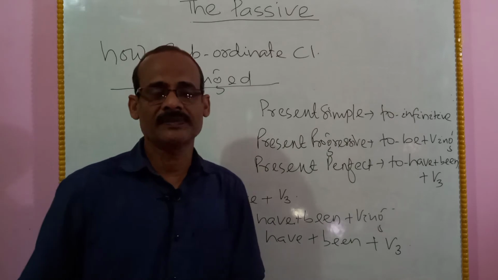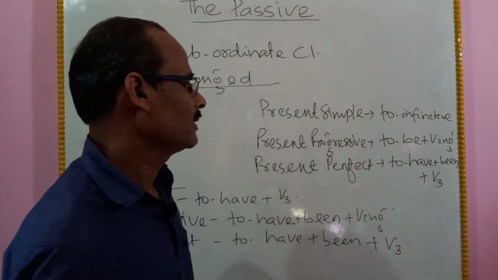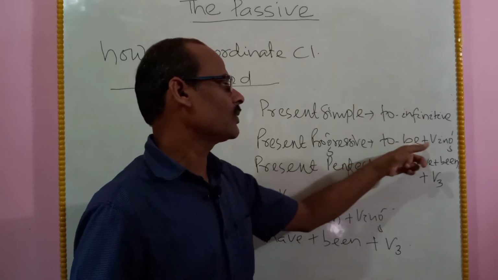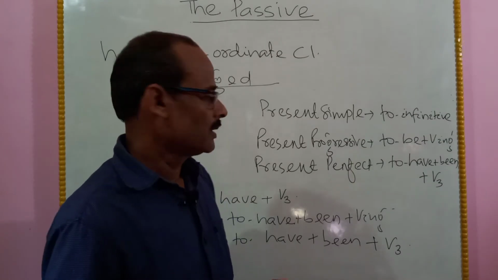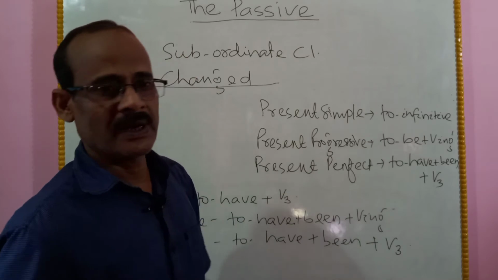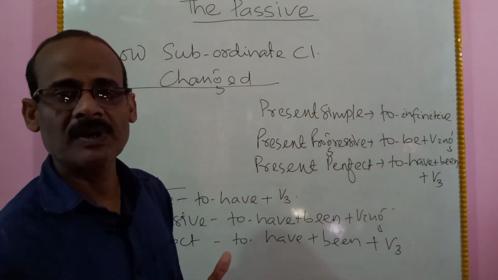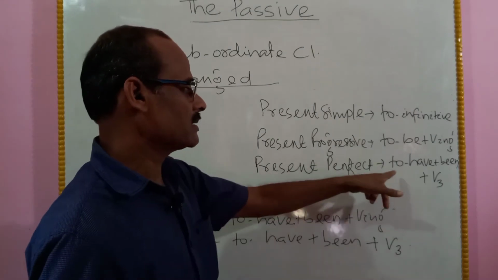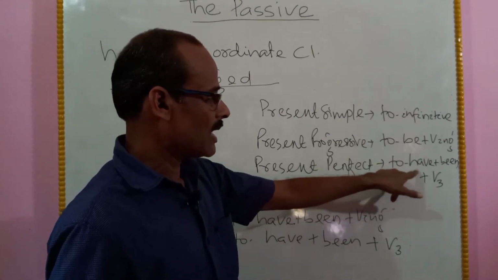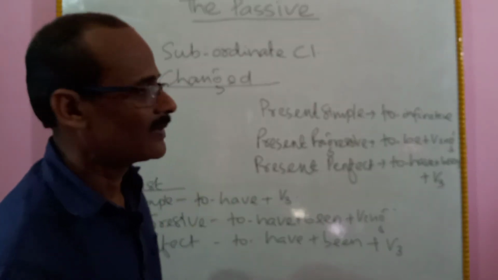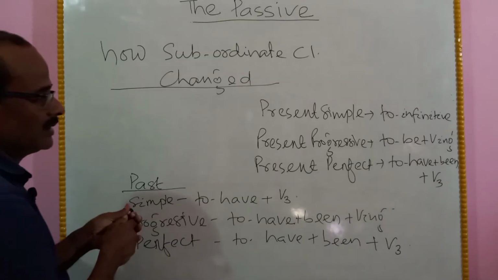Present progressive: is playing, to be playing; is going, to be going. And present perfect: have plus V3 changes to to have plus been plus V3. Very easy.